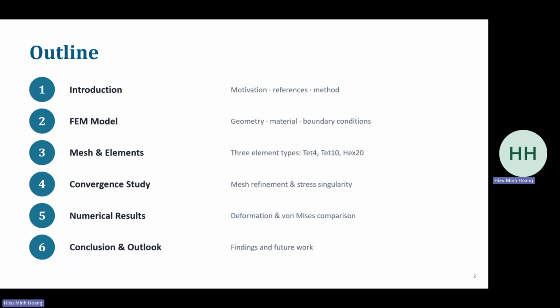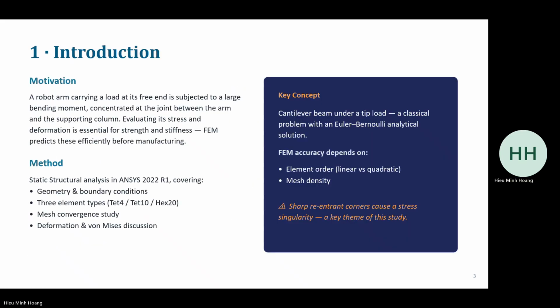Let's start with the introduction. A robot arm carries a load at its free end. This creates a large bending moment at the joint between the arm and the column. So we must check the stress and deformation before we build it. Finite element methods can predict this quickly.